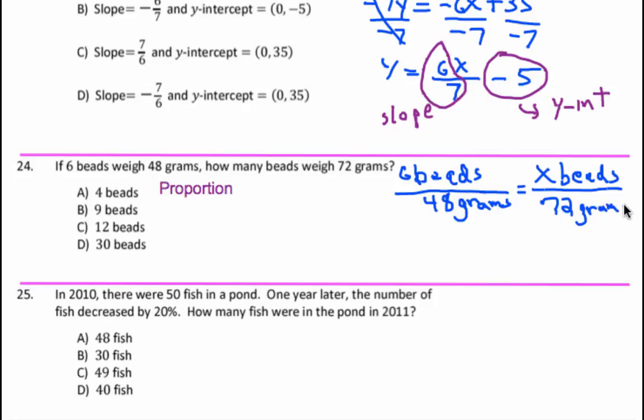And you have to put the units in the same order on both sides. So notice I have beads on the top on both sides, grams on the bottom.